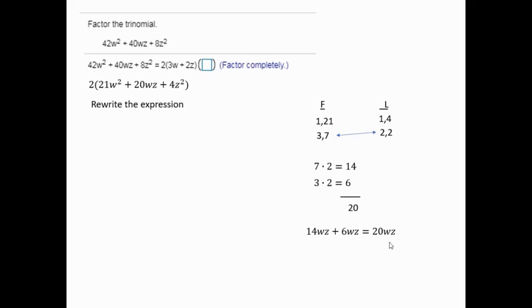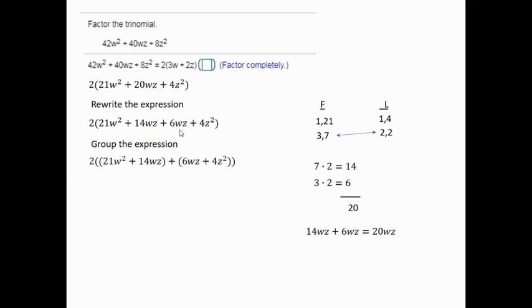So that's what we do next. We rewrite our expression here, rewriting the middle term. Now remember, once I've rewritten the middle term, what I do is group the expression, because I'm going to factor by grouping, right? Using the AC method. So here I've put it into 2 groups, right? With the parentheses.